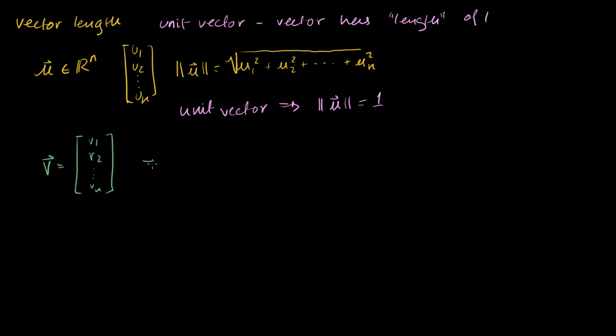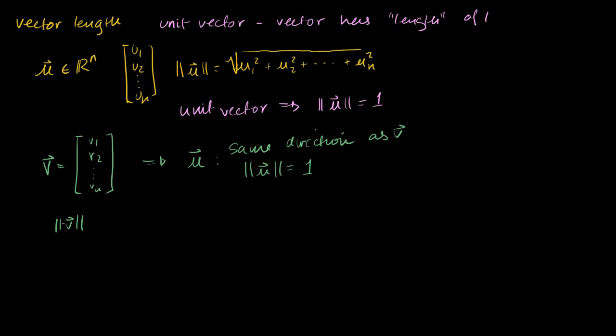And I want to turn it into some vector u that is a unit vector that just goes in the same direction as v, but the length of u is going to be equal to 1. How do I construct this vector u? Well, what I could do is take the length of v. We know how to do that. We just apply this definition of vector length.